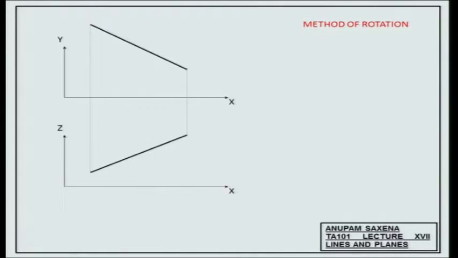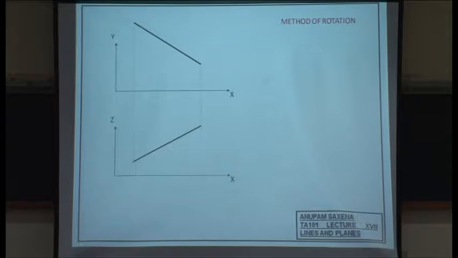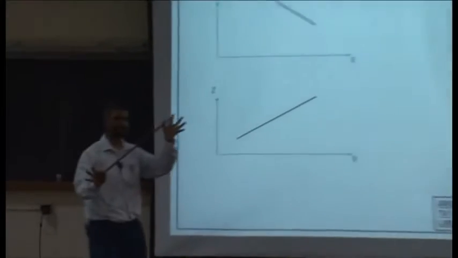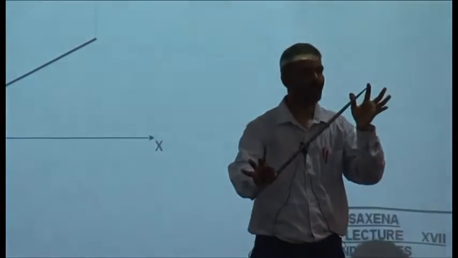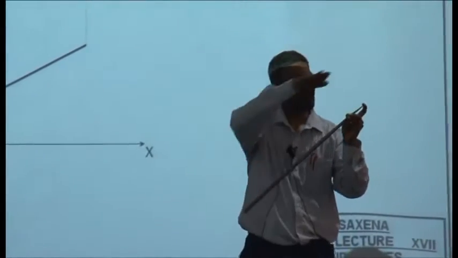Now, imagine this line in space. This line is oriented in such a way that you get a projection which is not horizontal in the front view, the vertical plane, and it is not horizontal also in the top view, the horizontal plane. What do you do in that case?